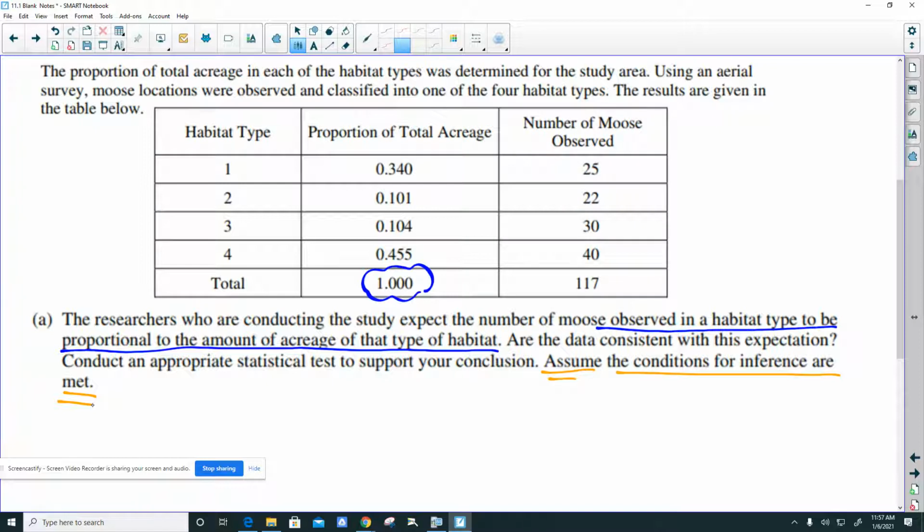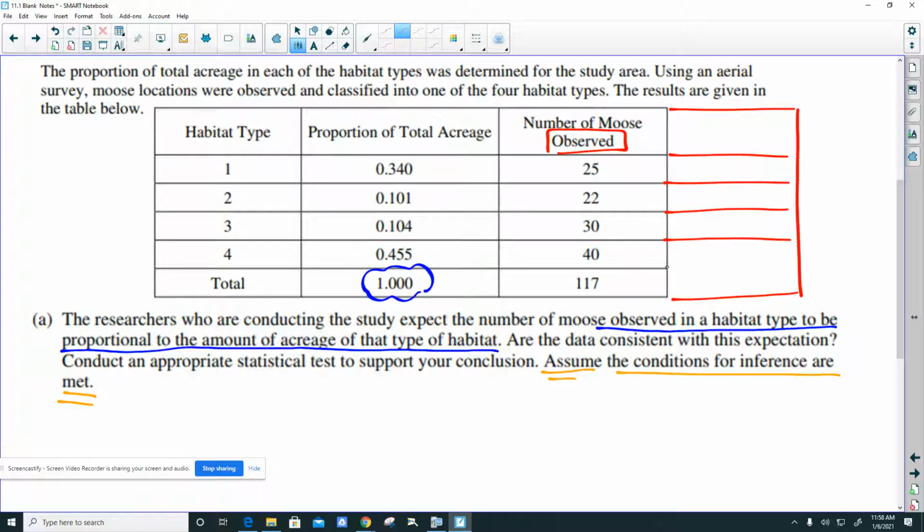All right, so I'm going to label these as the observed counts, and extend an extra column here for us to fill in the expected counts. You want to make sure you're taking note of how many total moose were observed, and we have 117 total moose observed. So 0.34 acres out of 1 acre is 34%.